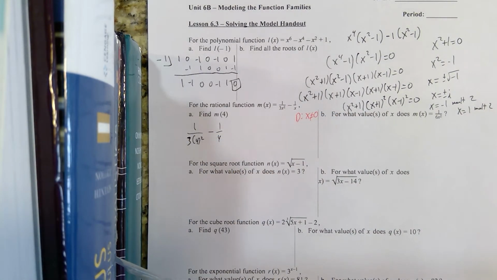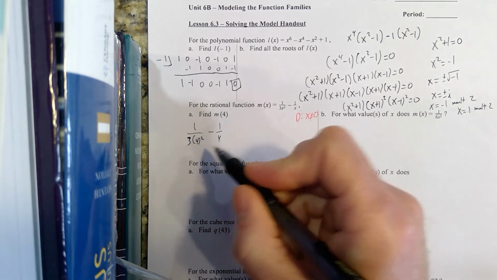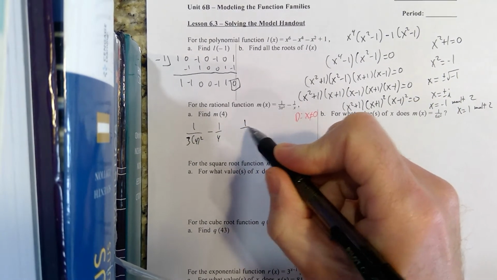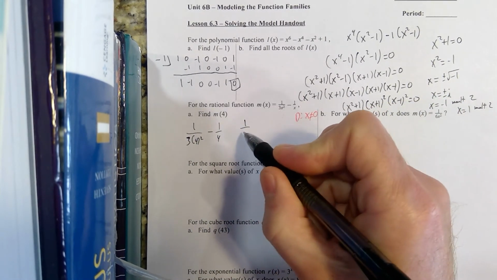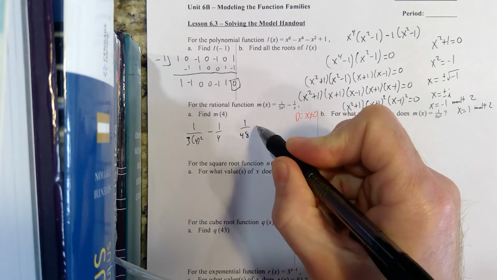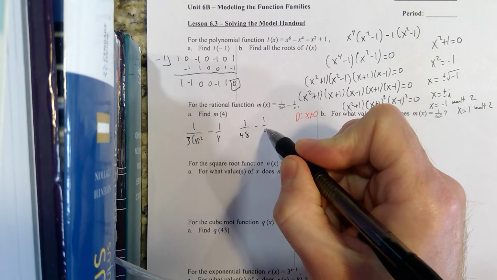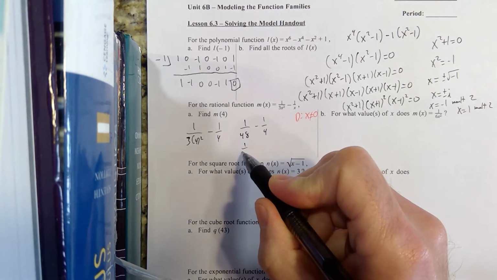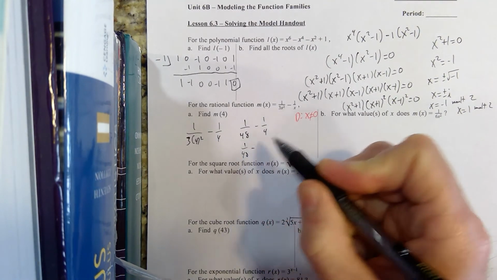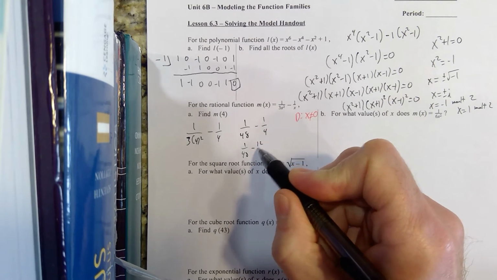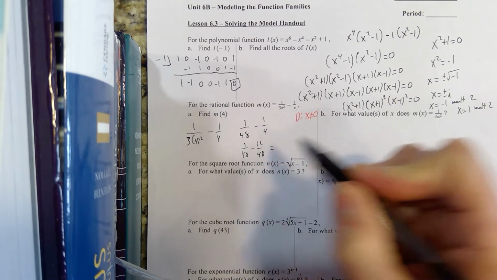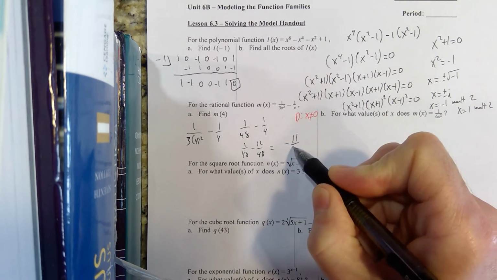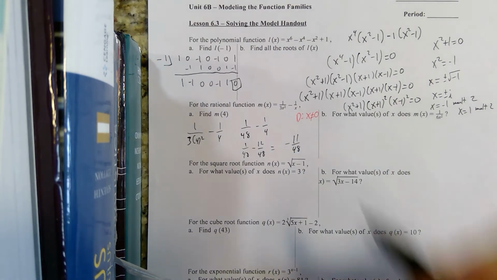Okay, so let's see. That is going to give me 1 over 3 times 16, which is 48. 1/48 minus 1/4. Getting a common denominator, that's 1/48 minus 12/48. So that's going to give me -11 over 48.